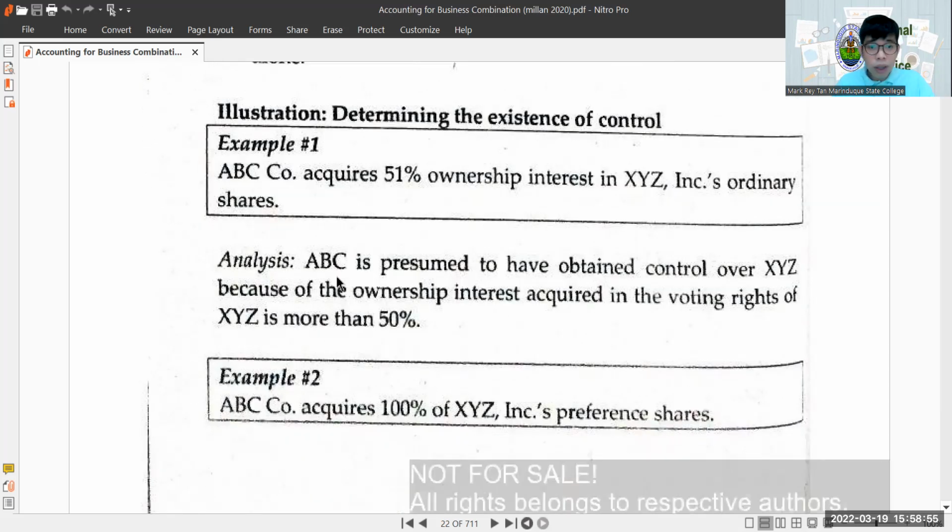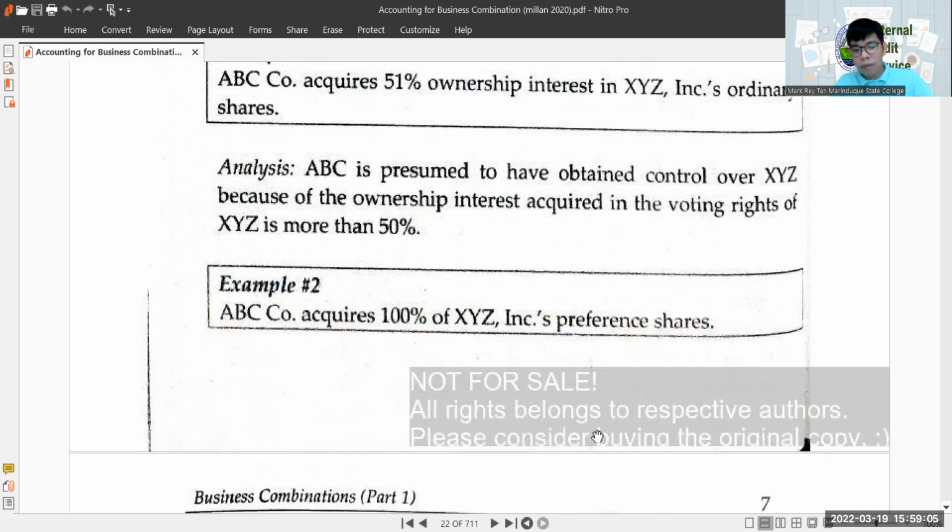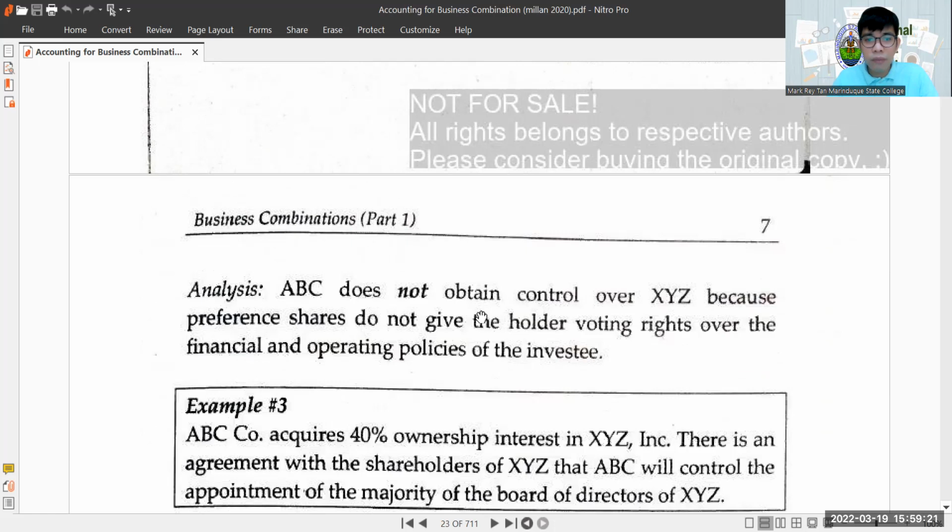For example number 2, ayan, so si ABC acquires 100% of XYZ, kaya lang preference shares. So as I said kanina, ang may voting rights when it comes to corporation is the ordinary share capital, not the preference shares. So kahit pa 100% yung nabiling preference shares, wala pa rin control ang acquirer. Okay?